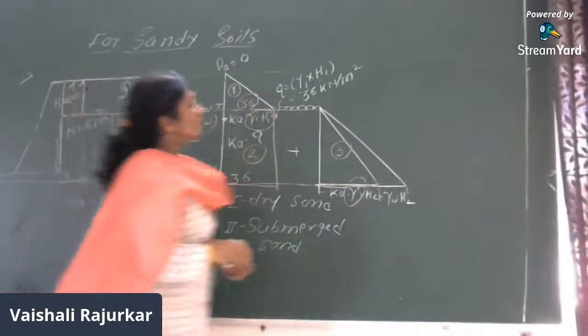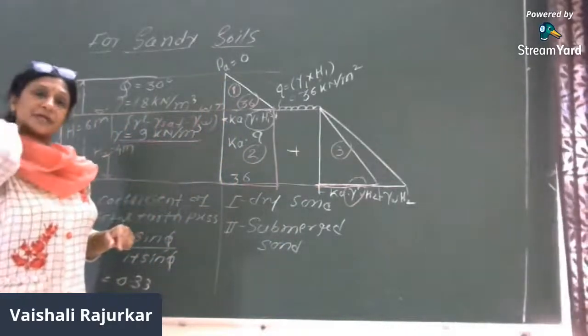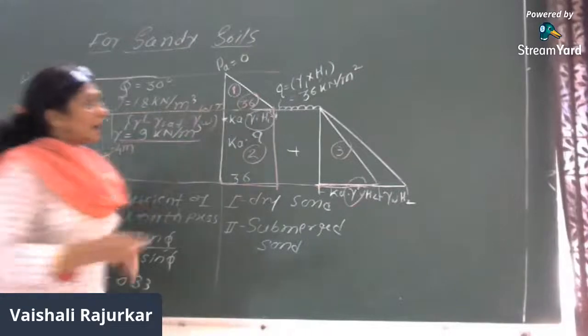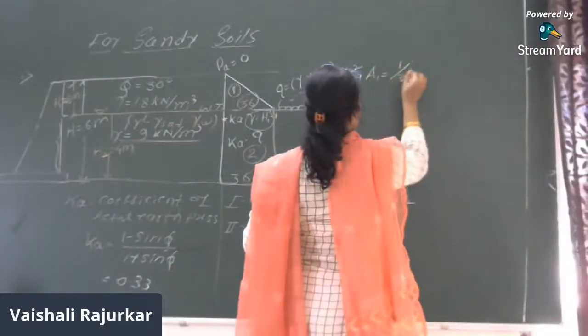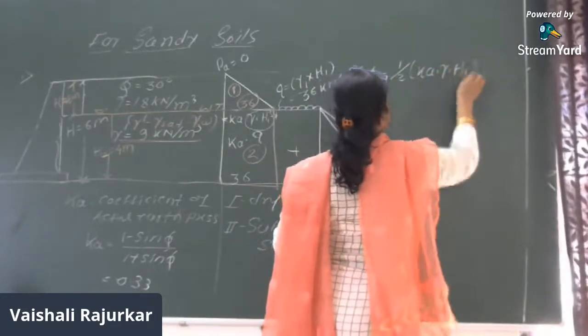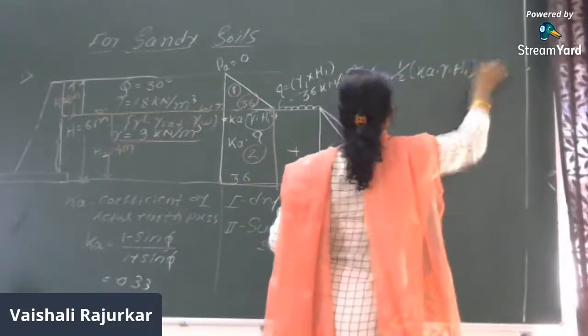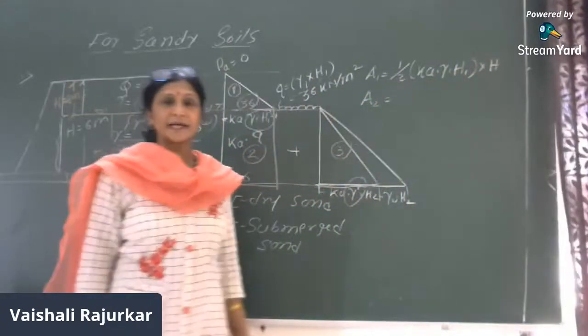Right? So again we will calculate the area of all the three distribution diagrams. Here, what is then A1? A1 is half of Ka into gamma into H1 into H. Then what is A2? A2 is again a rectangular distribution diagram.